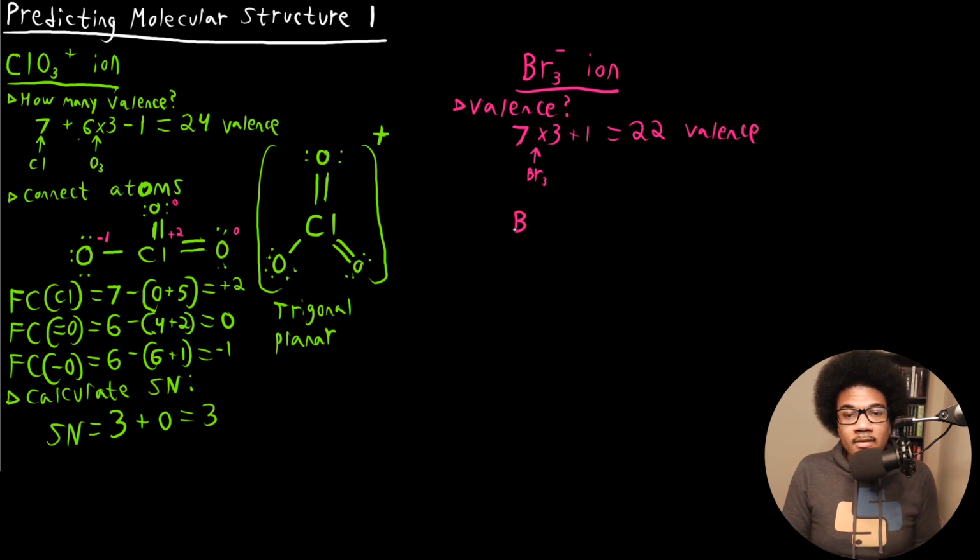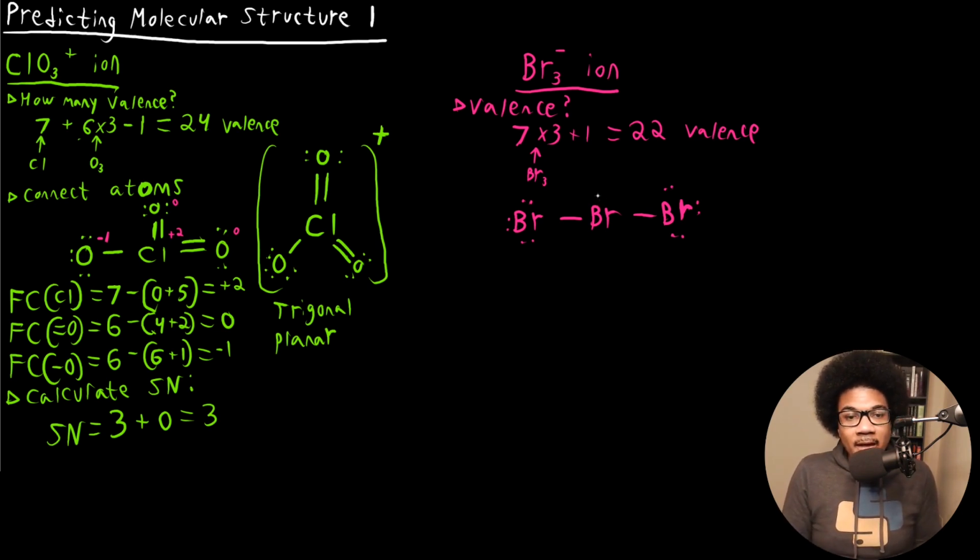So we're going to connect bromine to bromine to bromine. But in doing so, we've only accounted for 4 valence electrons total. So we got 18 that are left to account for. So what I'm going to do is fill the octets of these guys on the sides. And now, because bromine is below period 3, again, it can actually readily accept more than an octet of electrons.